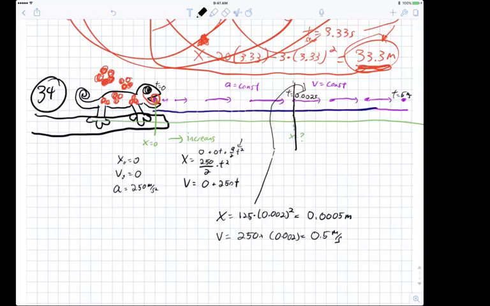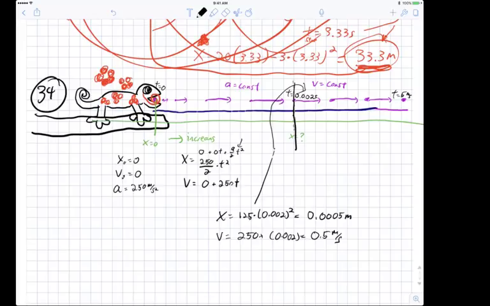I know the magnitudes of accelerations. So for instance, I know it goes here 20 seconds. And I know that this distance here is 110 meters.